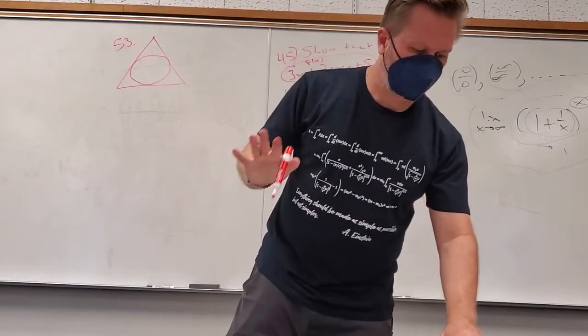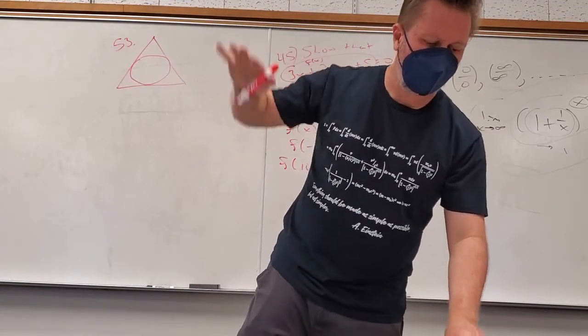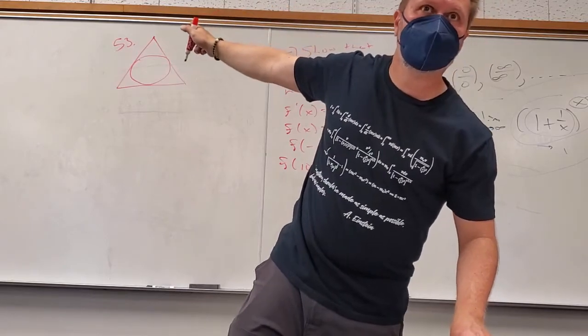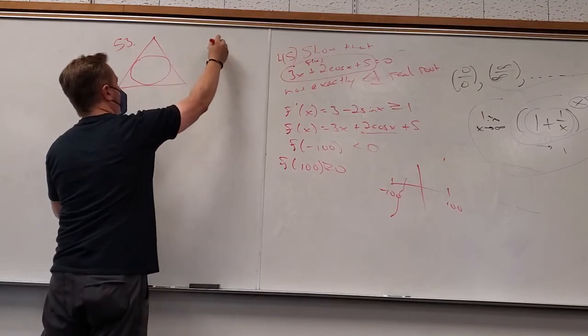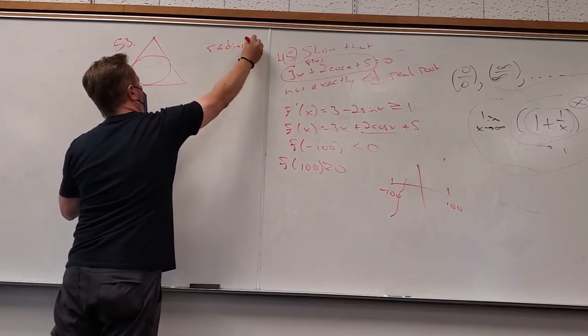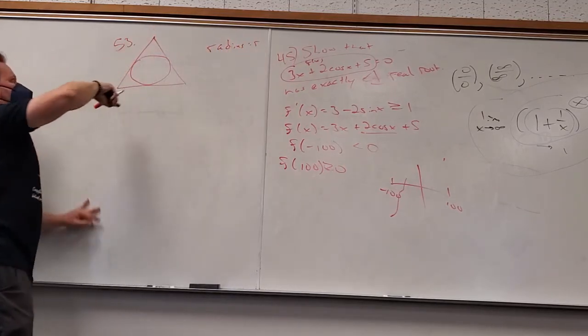It's asking me for the smallest possible area of the triangle. Yes? And it tells me the radius of the circle is r. And it asks me about the area of the triangle.